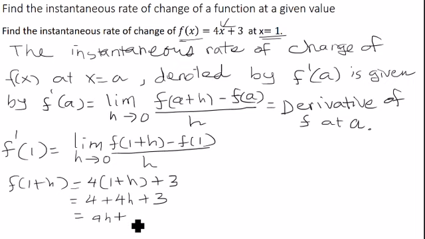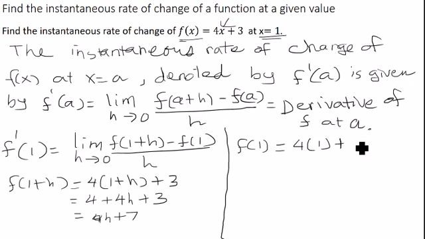Now let's find out the f of 1. f of 1 is the value of the function 4x plus 3 at 1, so just replace x by 1, and that's going to give me 4 plus 3, which is a 7. So I have a 7 for f of 1, and I have 4h plus 7 for f of 1 plus h.